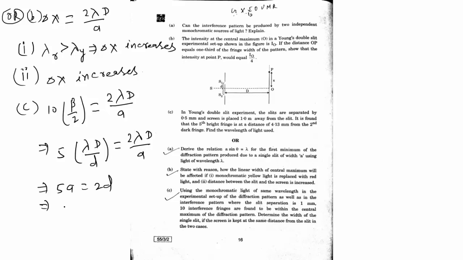This implies that A is equal to 2 by 5 d, that is equal to 0.4d, that is equal to 0.4 mm, since d is 1 mm.